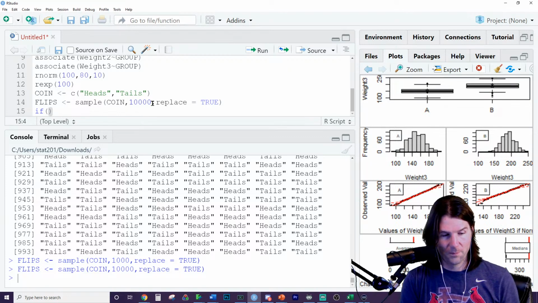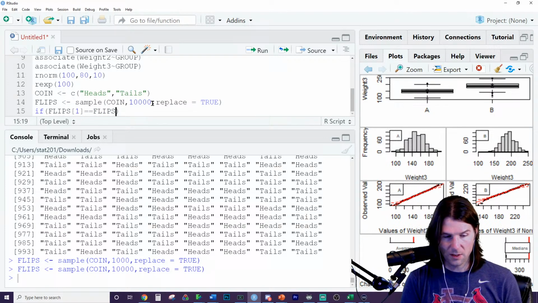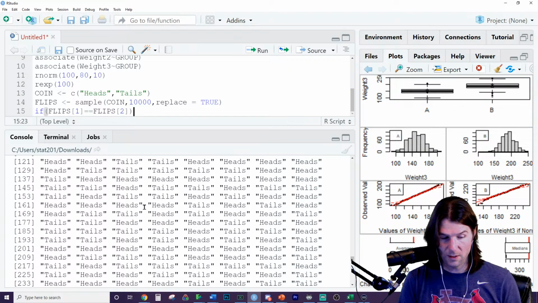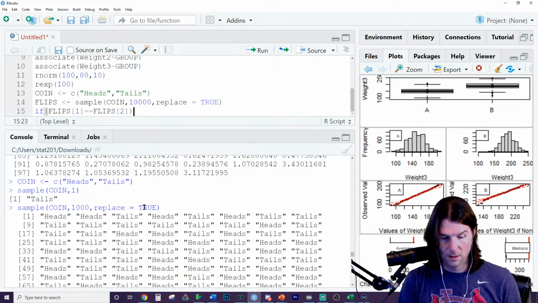So if flips position 1 is equal to flips position 2, it's going to return a true or false. If that's equal to true right there, oh man, this would be really hard to write. So it is true. Our first 2 flips were the same, at least in this sequence. Then you could put here true.